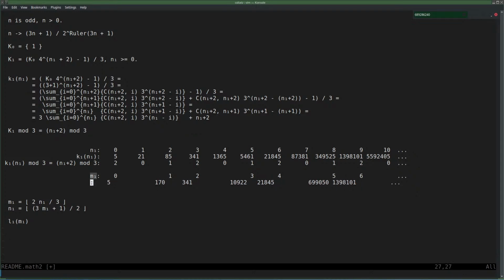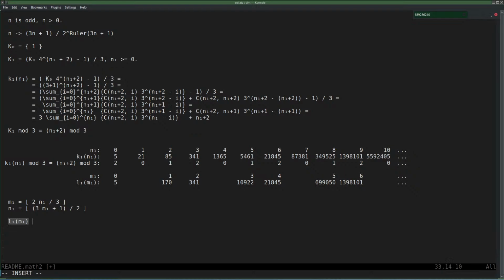So instead of capital L, I'll use lowercase l, a function of M1. And now it really starts to look like the above, right? Enumerate over N1, and then K1 is a function of N1, and enumerate over M1, then l is a function of M1.